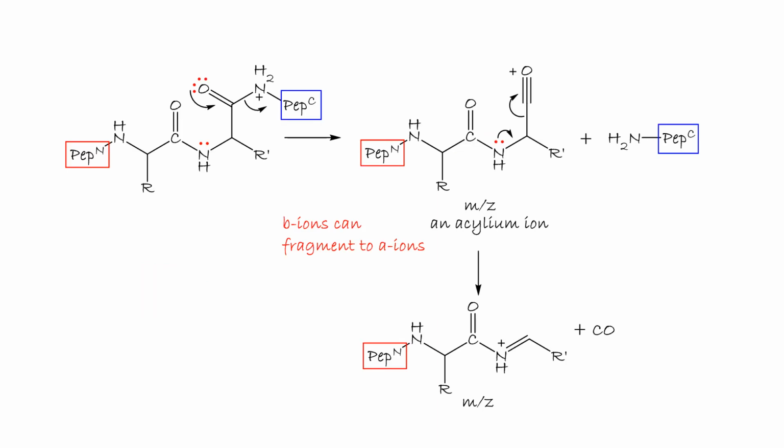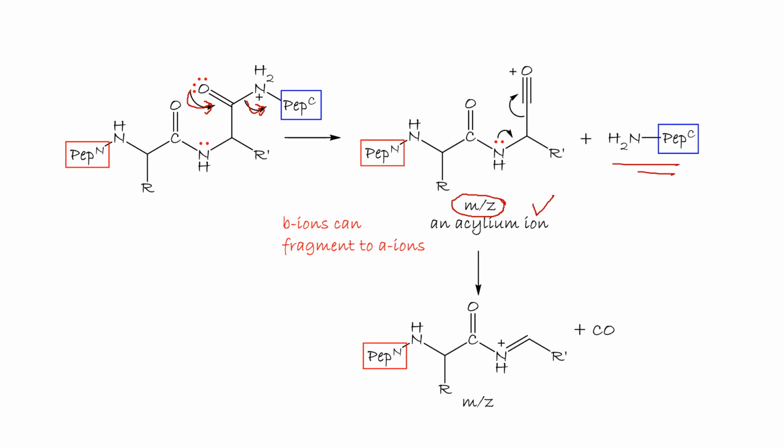Or the protonation will occur on the nitrogen, and once this cation is formed, this lone pair will come down to form the acylium ion, and this will again be the neutral part, and M/Z will show up. Now this comes from the B ion.